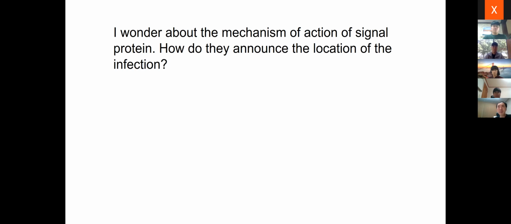What can be the mechanism? Cytokines. What is a cytokine? Cytokine is cyto. What is the cyto?